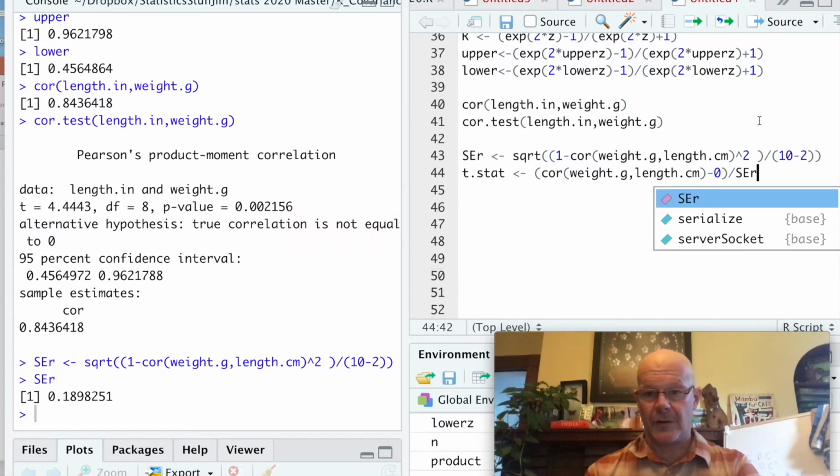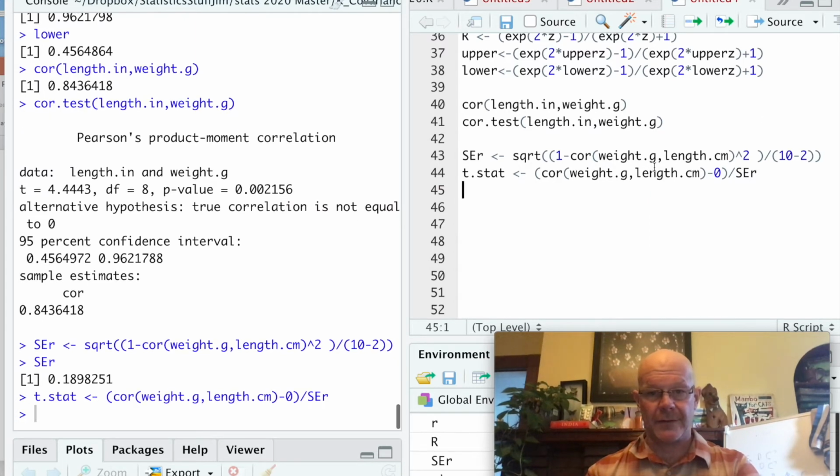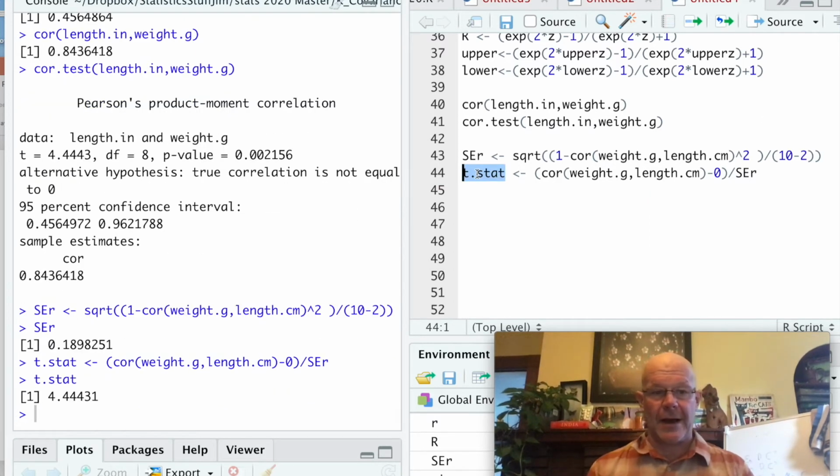And so I do that. Now I have my t statistic, and I know how many degrees of freedom I have, because I'm going to lose 2 degrees of freedom.